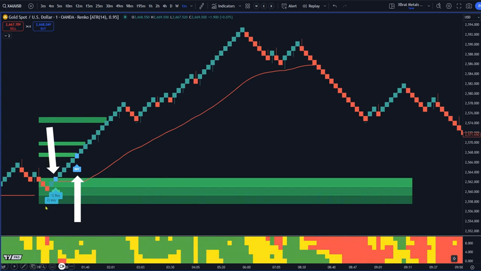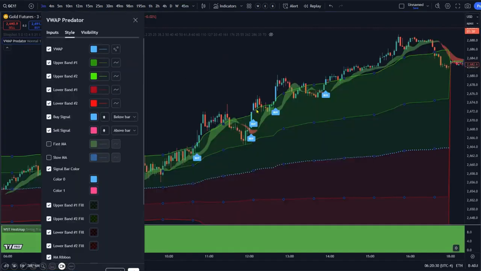So in this situation, we get the type 1, type 2 buy, we put on a certain lot size. We then get a VWAP Predator signal at this point. We can add more to the actual trade, and then we get another one at this point. We can add even more to the trade because the momentum's really building early on in this trade, and this is why we've put this special edition together.